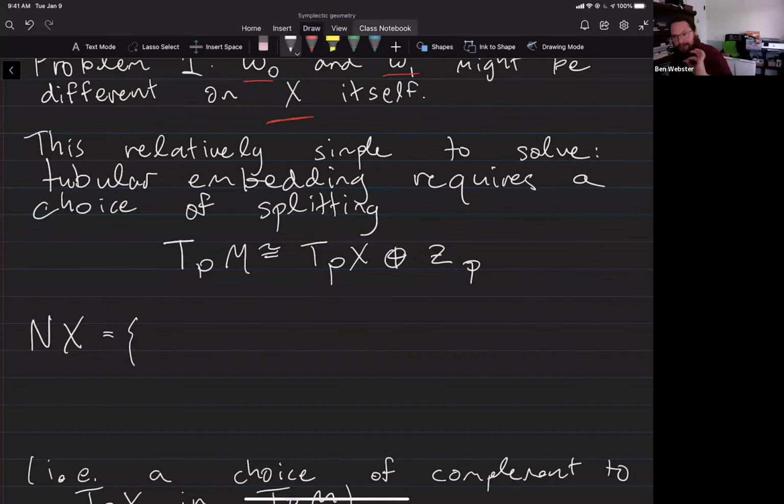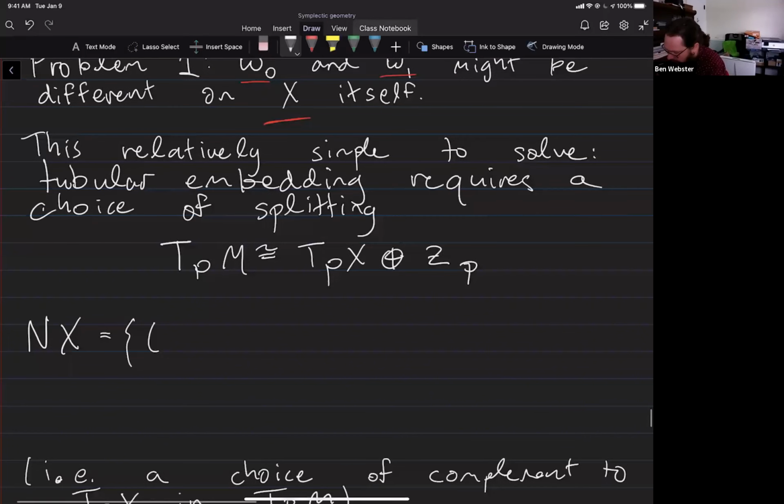So the point is I have to take the normal bundle and choose a specific embedding of it into the tangent spaces to the ambient manifold M at each point in X, right? So this normal bundle, that's by definition things in X, and then N, which is in NX.